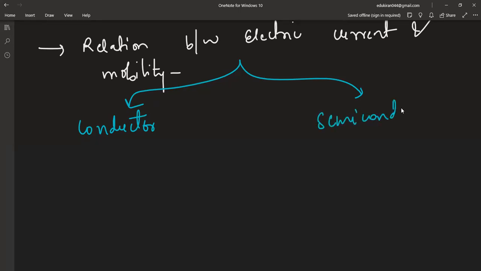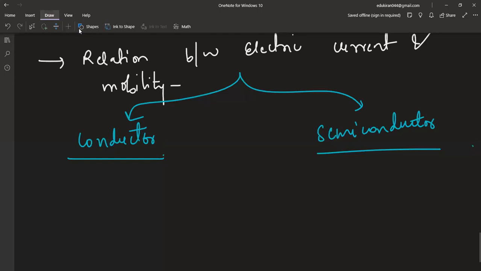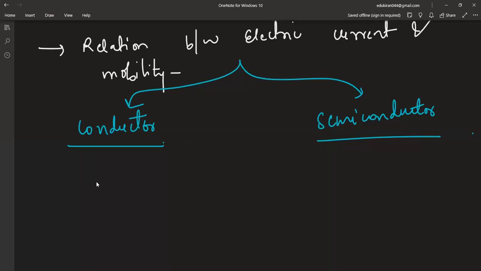So second is semiconductors. So for conductors and semiconductors, separately remember the formula. For conductors, current is equal to electronic charge, number density, area, mobility of electron into electric field. For semiconductors, these three things can be taken common.